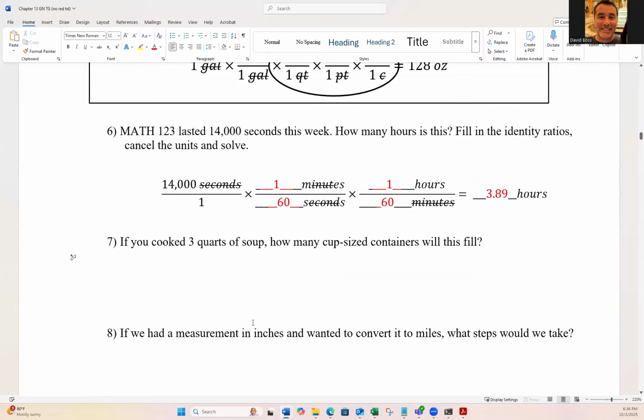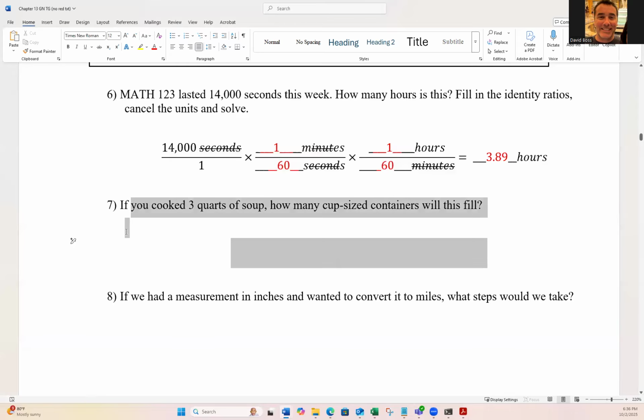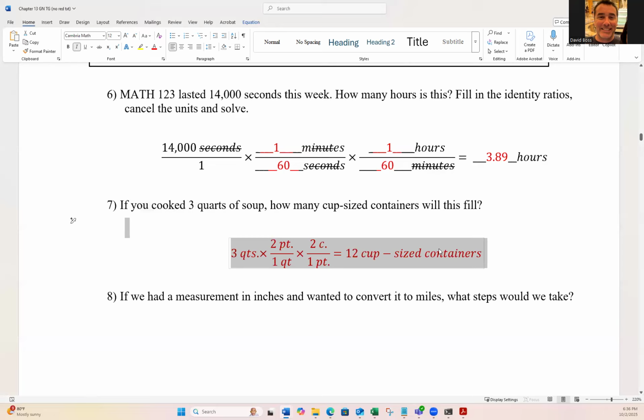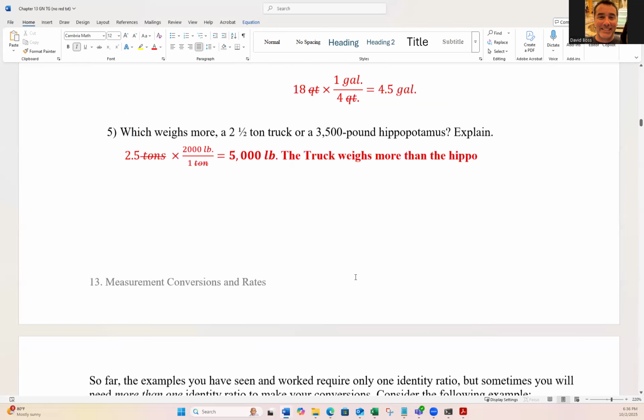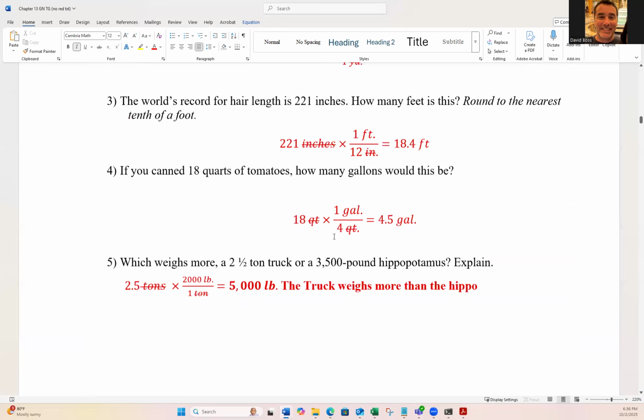Right. If you cooked 3 quarts of soup, how many cup-sized containers will this fill? So you have to look back at this, unless you know these by heart.